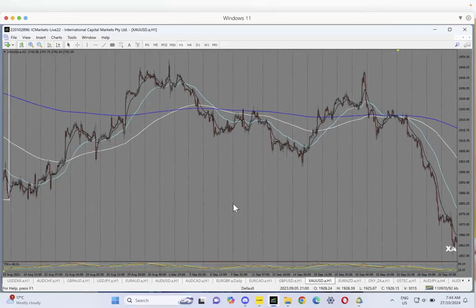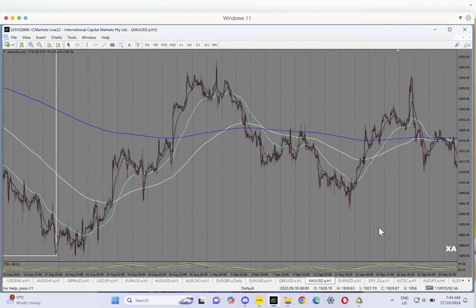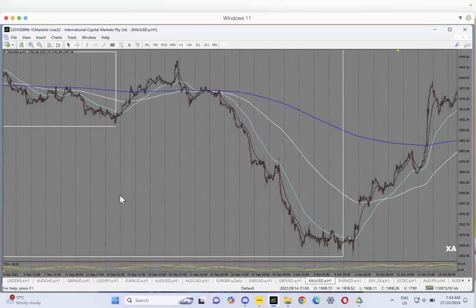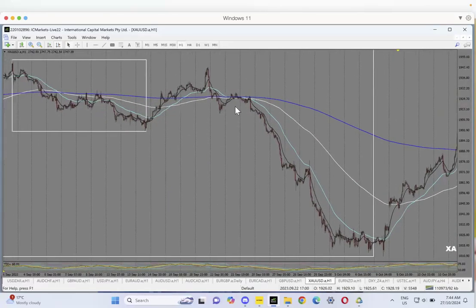Now coming back here, we could mark this as a level if we want, but it's higher than the previous level, so it won't help us. And then coming back here, we've got a bigger peak formation. And then we've got level 1, level 2, and then level 3, right?